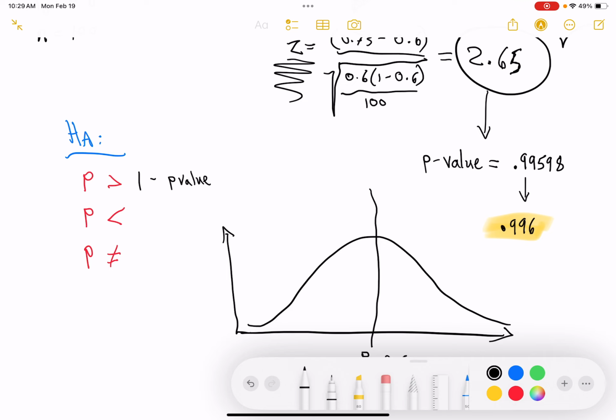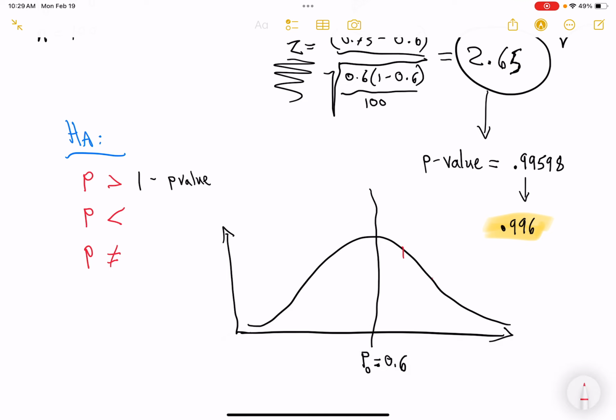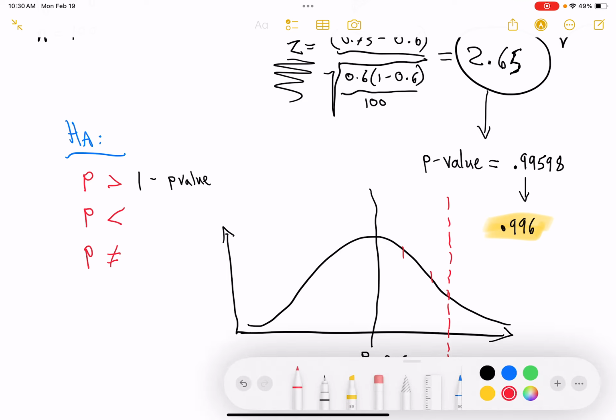Sometimes it'll go higher, sometimes it'll go lower, but we trust the exact center to be the true null proportion. Now our z-score is 2.65. So it is not 1, not 2, but slightly more than 2 standard deviations to the right, because it's positive, of our p-hats. This is our z-score, AKA our p-value. I should say, not p-hat.